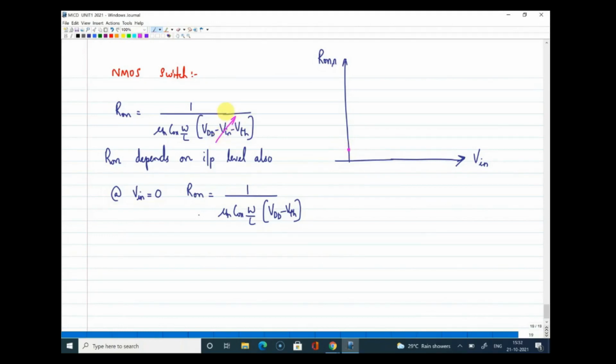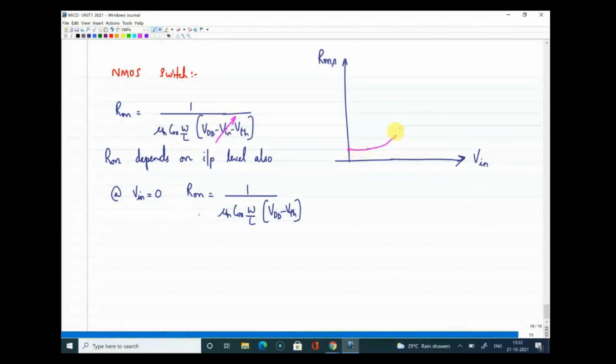Will it decrease or increase? As Vin increases, the denominator term will decrease. As a result, R on will actually increase, right? So R on will keep on increasing like this. And can you tell me at which specific point your R on becomes infinity?